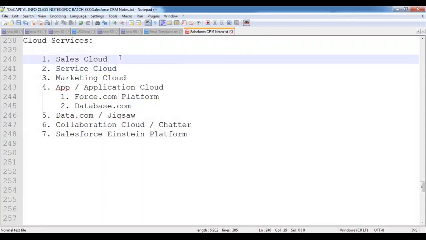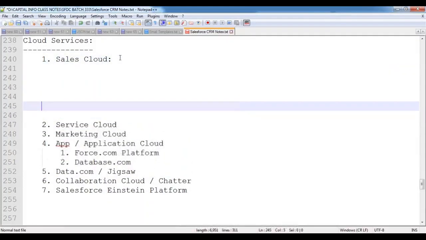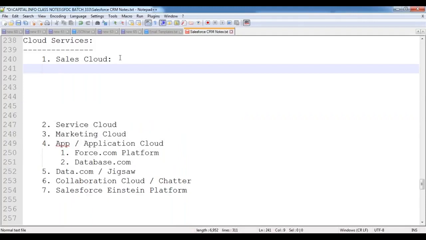Now, the first one, Sales Cloud. So what exactly is Sales Cloud? Sales Cloud provides a set of features, a collection of functionalities, through which we can automate all the sales processes which we are following inside our organization.